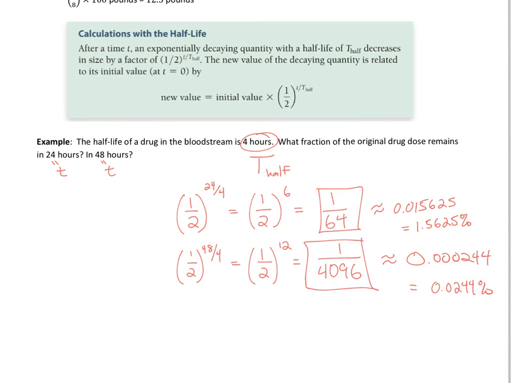If you've ever read on any medication bottle, don't take more than this many doses in 24 hours, make sure you're taking these doses with 4 hours in between them, or 6 hours in between them, or the 12-hour allergy medicine. They put those time limits on there so that enough of the drug has been out of your system that if you take another dose, there won't be too much in your system.